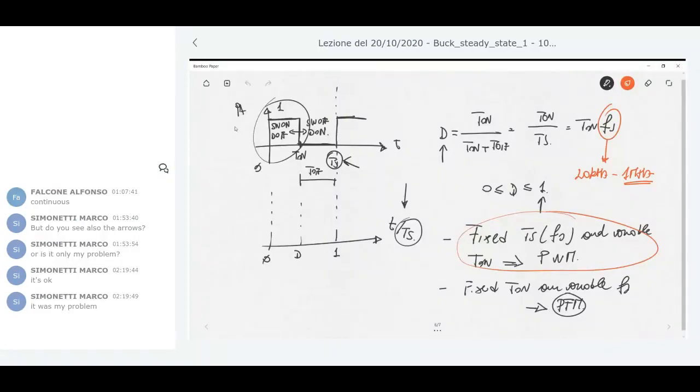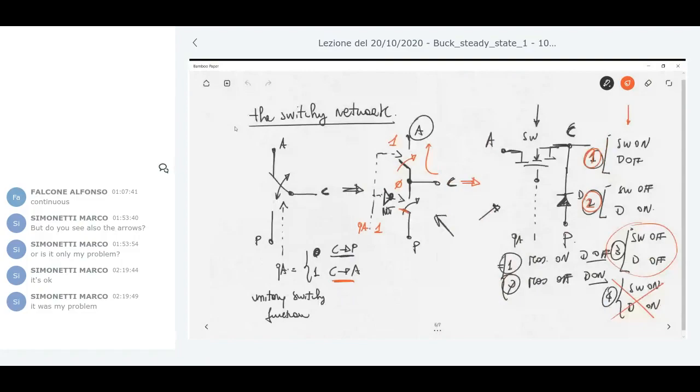But this is the switching network. As I said before, the switching network, which is connected to this node, active, common, and passive, is a common feature of all the switching converters. In the buck, boost, forward, choke, push-pull, whatever, basic topologies, derived topologies, derived isolated topologies, you can always have this kind of connection.